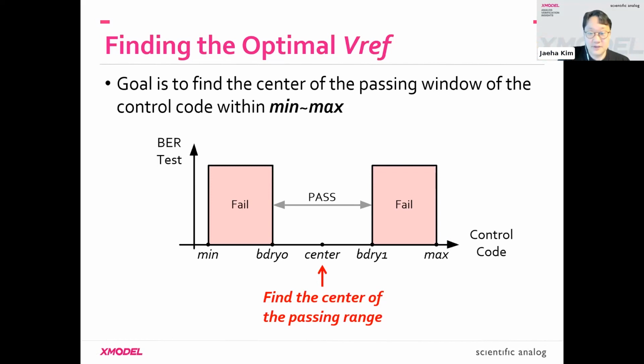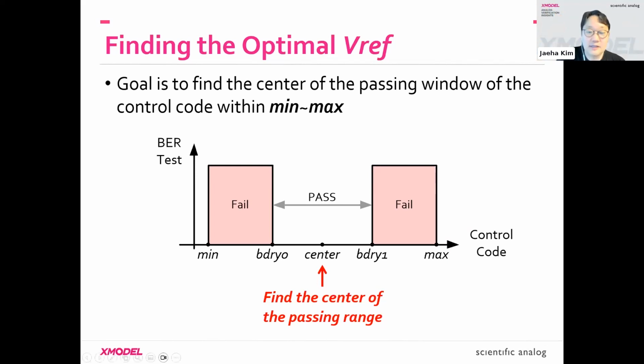So for example, this control code is adjusting the reference voltage. And we're expecting there is a certain passing range, maybe in the middle. It doesn't have to be in the middle. It could be on one side, without the failing region on the right, or maybe on the other side. But we are assuming there is only one passing window.